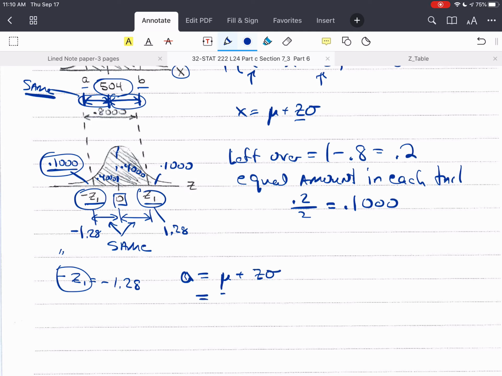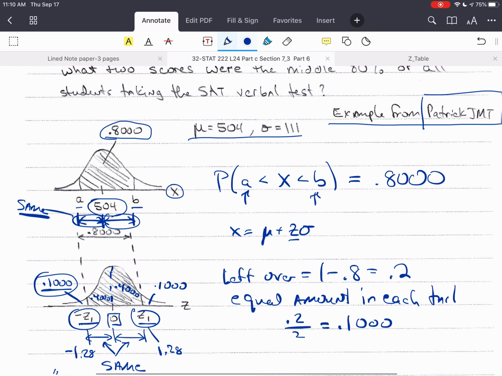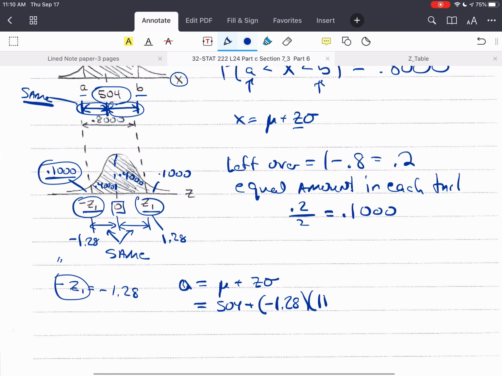This is 504 plus, but this is a negative 1.28 times sigma, which was 111. And so this positive and this negative become negative. So 504 minus 1.28 times 111.